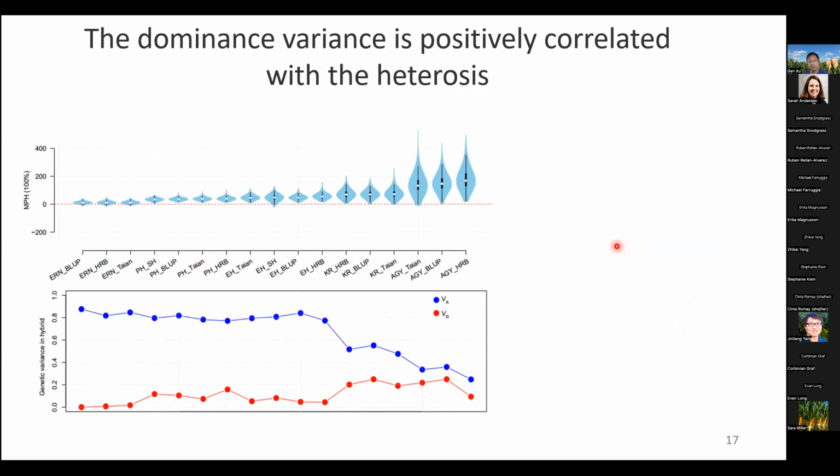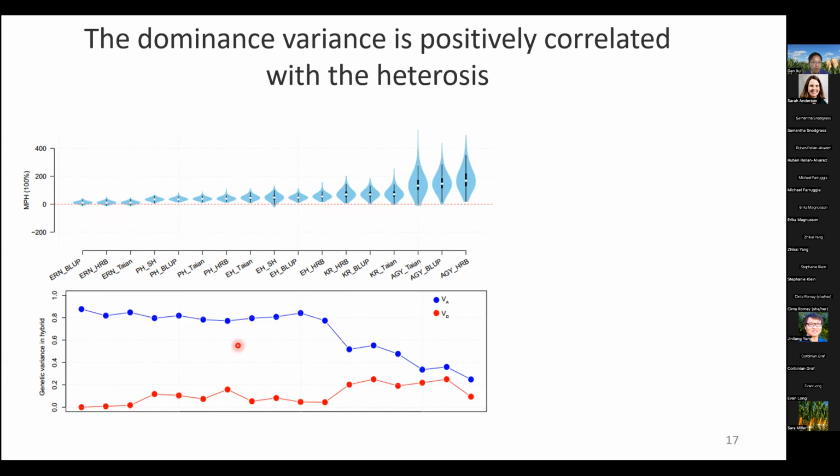So next, we want to know how the additive variance and the dominance variance affect this heterosis. Here in the upper panel, I plotted the middle parent heterosis for each trait, which we collected from different locations, and also including the BLUP value. I ordered this violin plot according to the median value of middle parent heterosis.